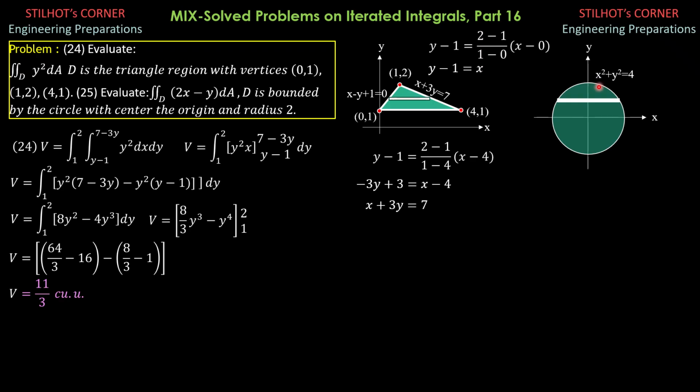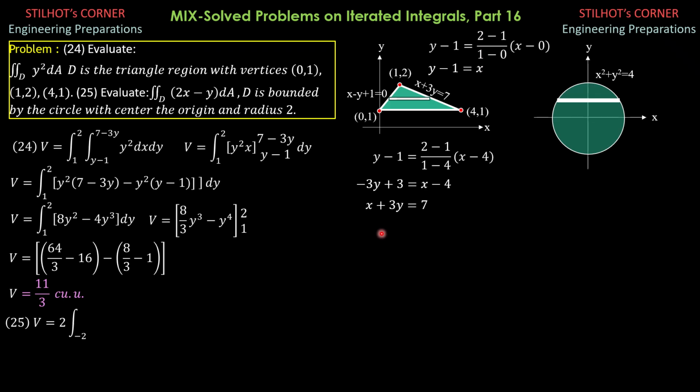Inner limit should be the x of this left curve, which is negative square root of 4 minus y squared, to the x of this curve, which is positive in the first quadrant, square root of 4 minus y squared. Then we multiply it by 2 because we also have the lower part below the x-axis.